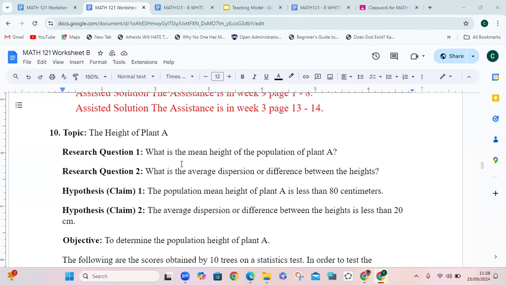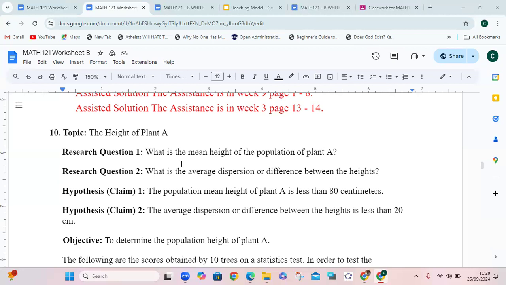So that's why I purposefully put those 2 different research questions there, because in worksheet A, we were talking about the mean. What is the average? But now we are moving on to worksheet B. We are going to be introduced to new descriptive measures. And there's another one that deals with the differences between the heights, how different they are from each other.